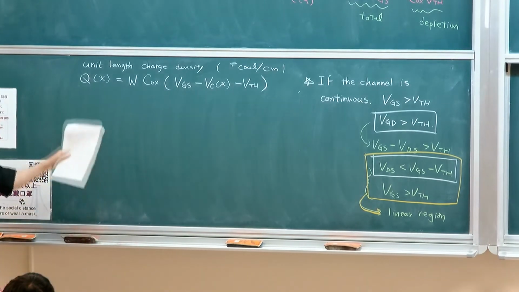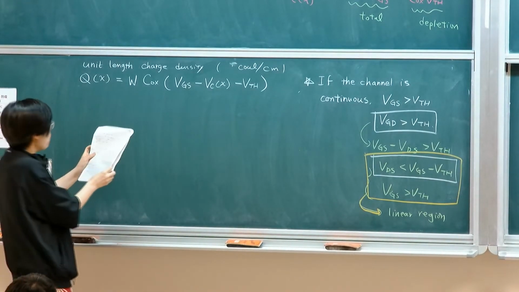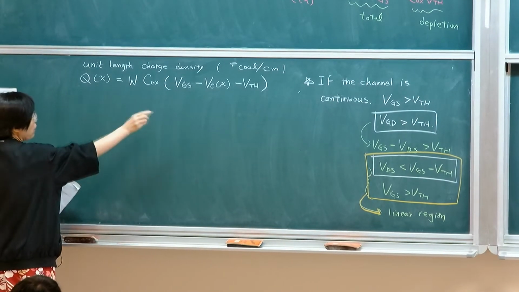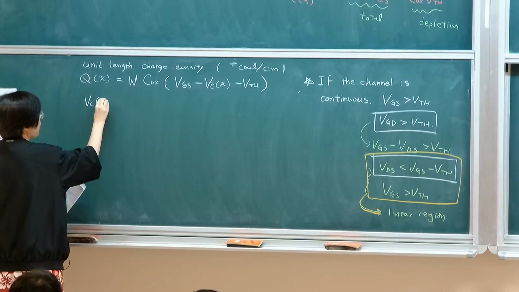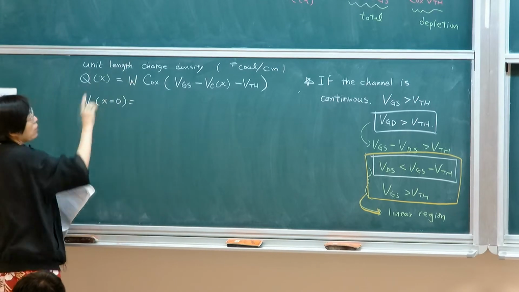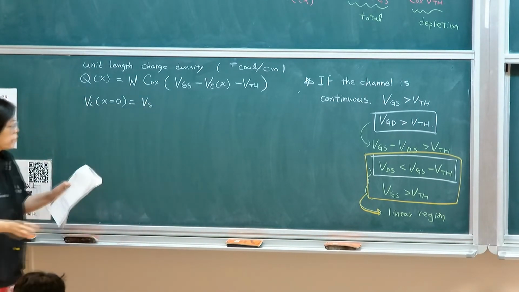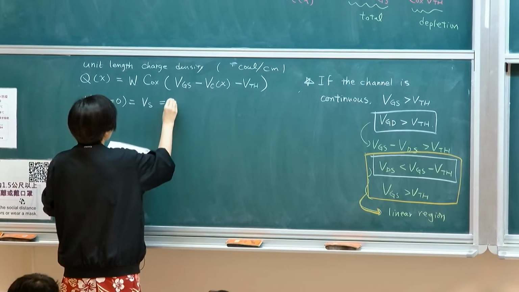Okay, let's follow up on this and find out what happened on the left side. Before we do this, if it's operating in the linear region, I know that Vx, the channel potential at x equals 0, is the same as the source terminal. Therefore, it equals V source, which equals 0.